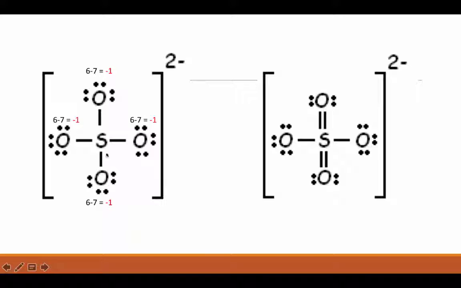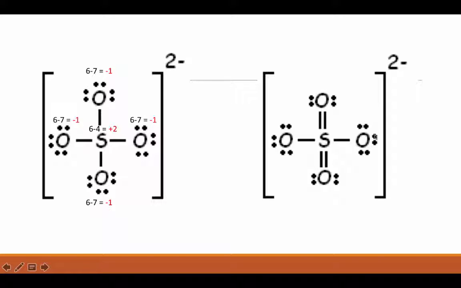Sulfur has 6 valence electrons, but in this structure it has 1, 2, 3, 4, 1 from each bond, giving it a formal charge of +2. Note that these formal charges, when added, +2 plus 4 -1s, give us -2, which is the charge for this ion. Let's compare that to the formal charges in our competing structure on the right.